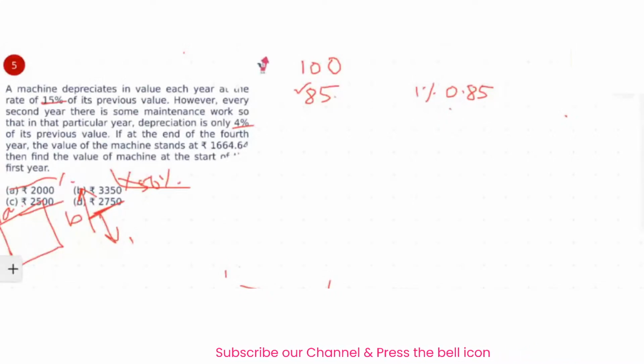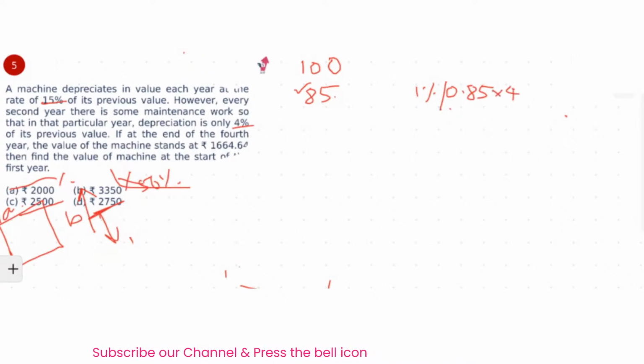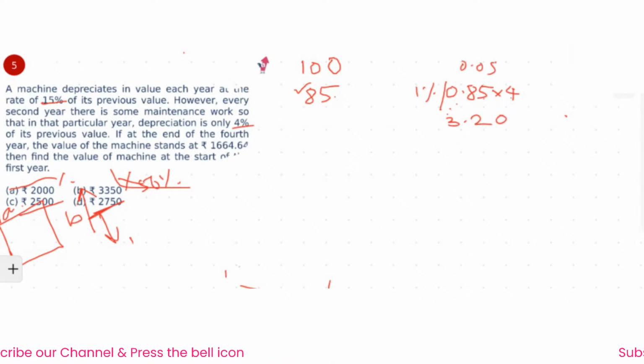Because 10% is 8.5. If I want to reduce this by 4%, I have to multiply 0.85 by 4. So 0.80 into 4 is 3.20, and 0.05 into 4 is 0.2. So approximately 3.4.